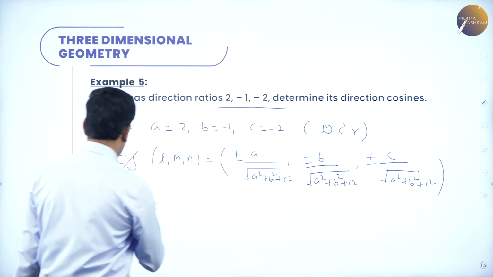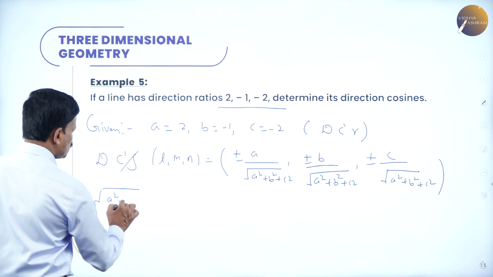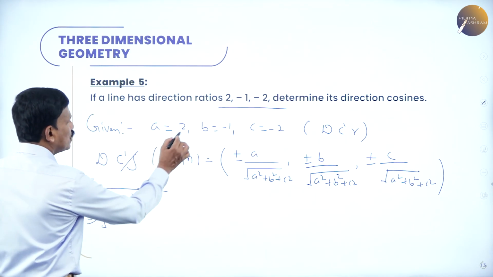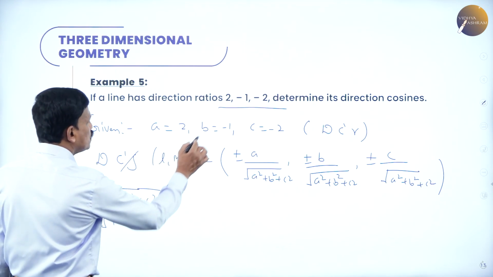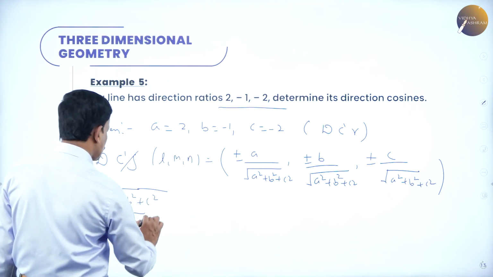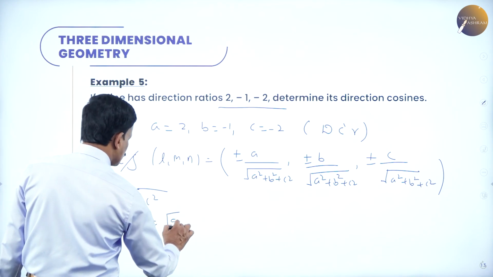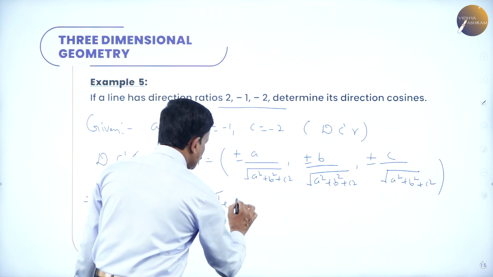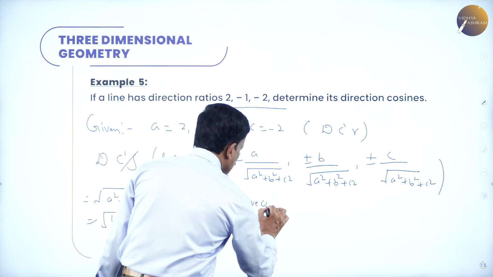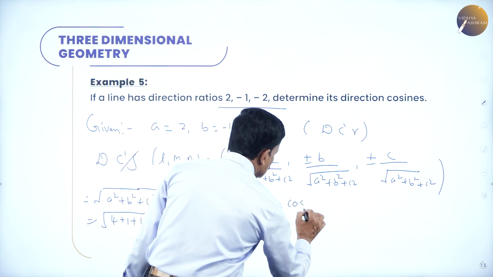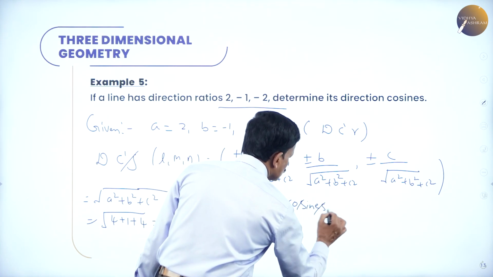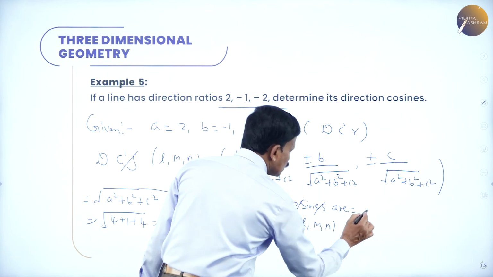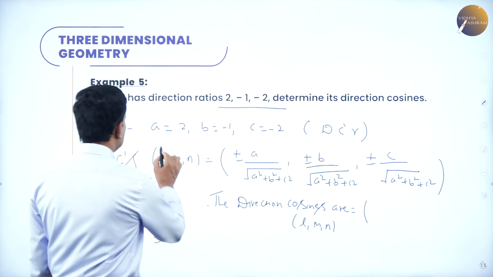Now find out the value of root of A square plus B square plus C square. So what is this equal to? A square, 2 square is 4, plus B square, 1 square is 1, plus C square, again 2 square is 4. So this is equal to 9. Square root of 9 is 3. Therefore, the direction cosines L, M, N are equal to, what is A?